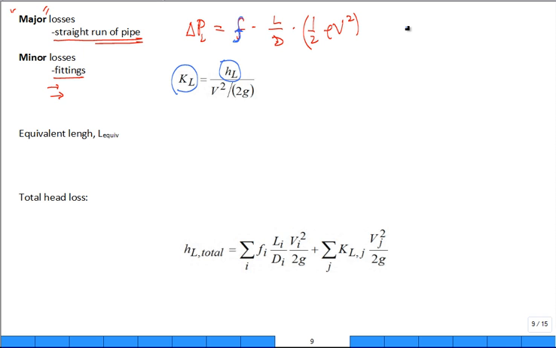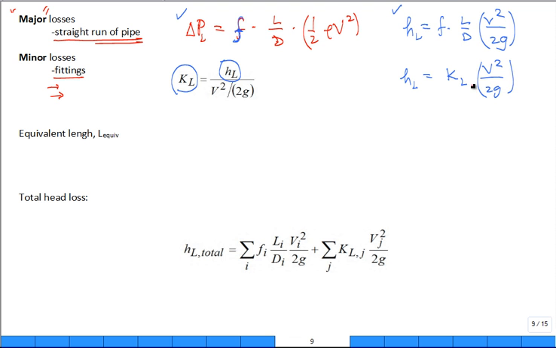So I could have written over here that the head loss is equal to the friction factor, length to diameter, V squared over 2g. Instead, if I did pressure loss, energy per unit volume, or head loss, energy per unit weight. So if I unravel this equation, I get that the head loss for minor losses for fittings is equal to the loss coefficient K sub L times V squared over 2g.